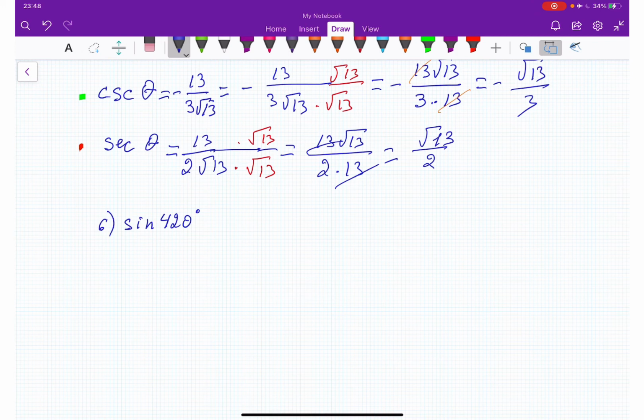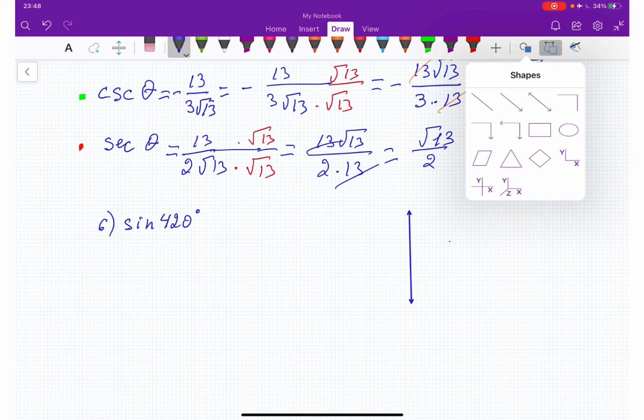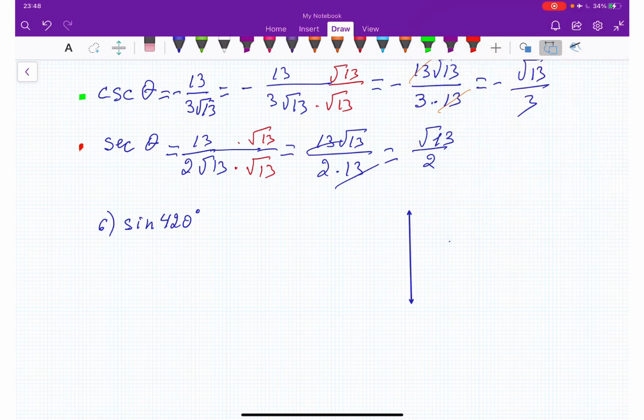420 degrees. So let me draw the circle. Actually, I don't need a circle. I know that this is 0 degrees, right? And then 360 degrees, right?